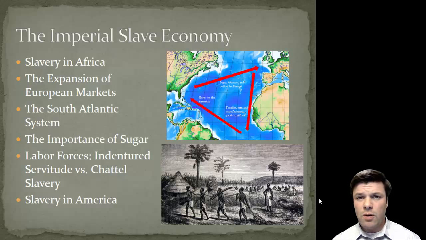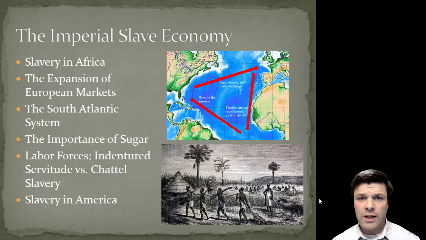And nowhere was there a bigger cash crop than that of sugar, at least very early on. If you think about the European diet, there's very little that can be made without the ingredient of sugar. And so sugar is not only a cash crop, it's a hugely important cash crop, and it's making England in particular an awful lot of money.